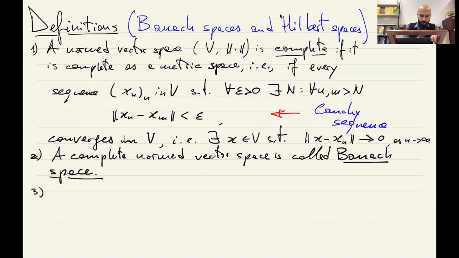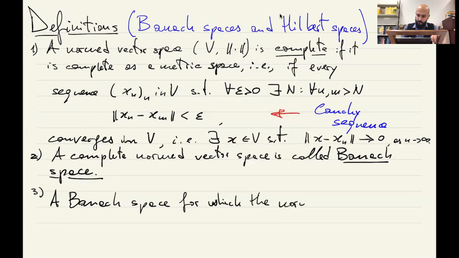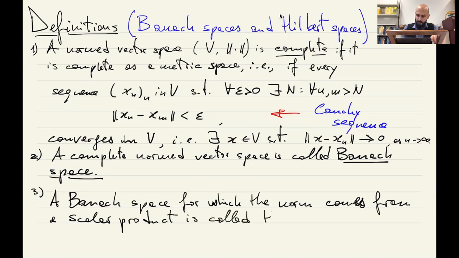And a Banach space for which the norm comes from a scalar product is called a Hilbert space.